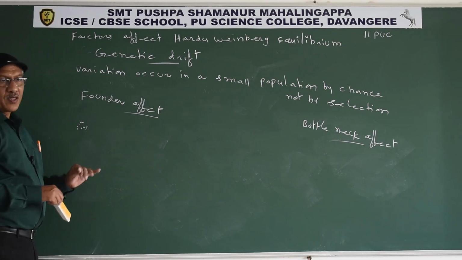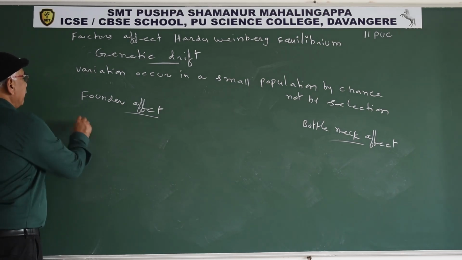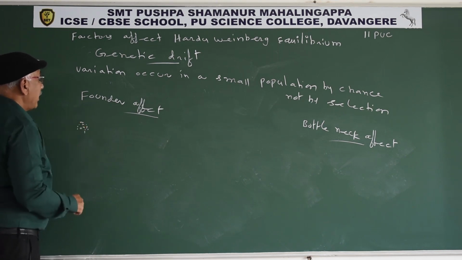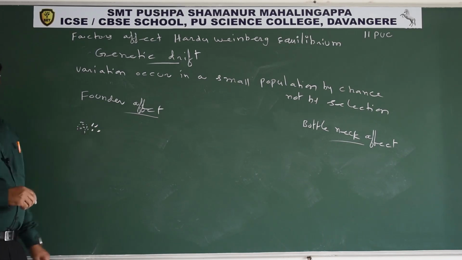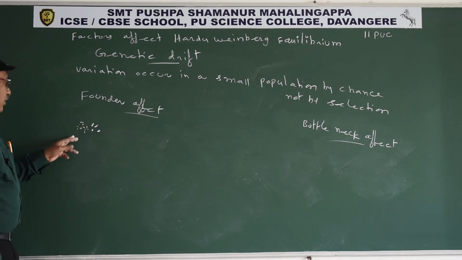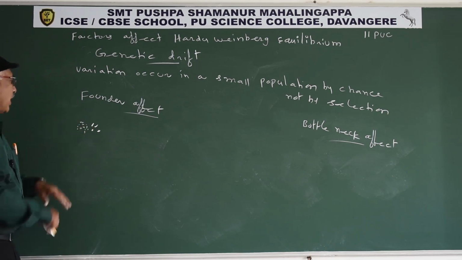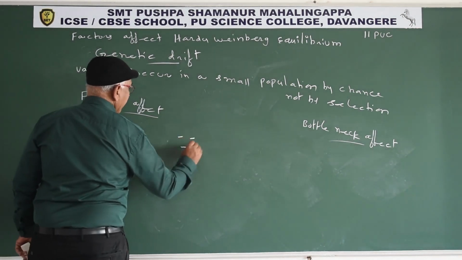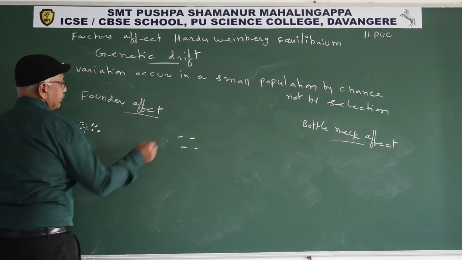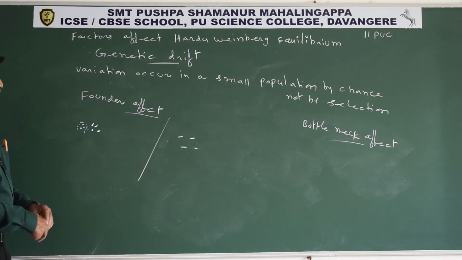Founder effect. A group of organisms belonging to a particular species happen to live in a particular habitat. Due to variation, some organisms fail to stay in the same habitat. They migrate and set up a colony. Later they are geographically isolated.